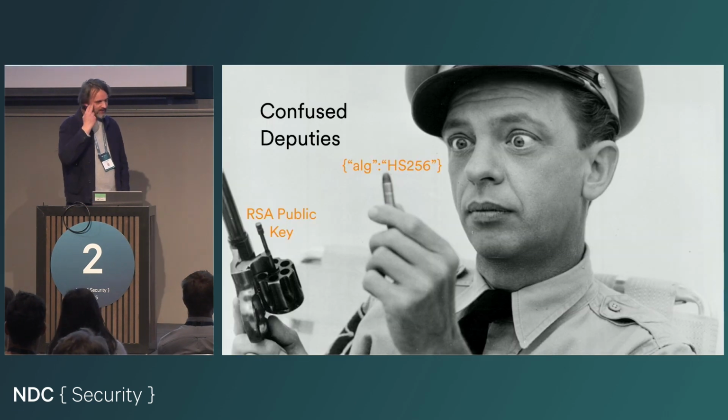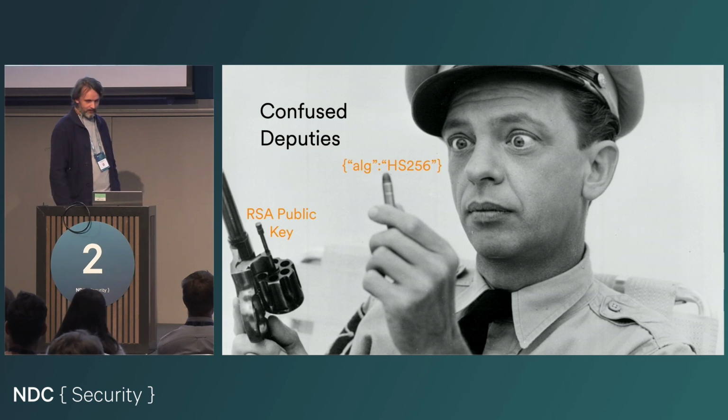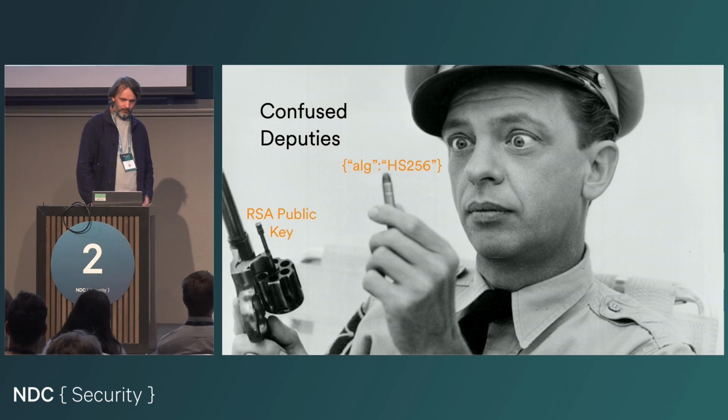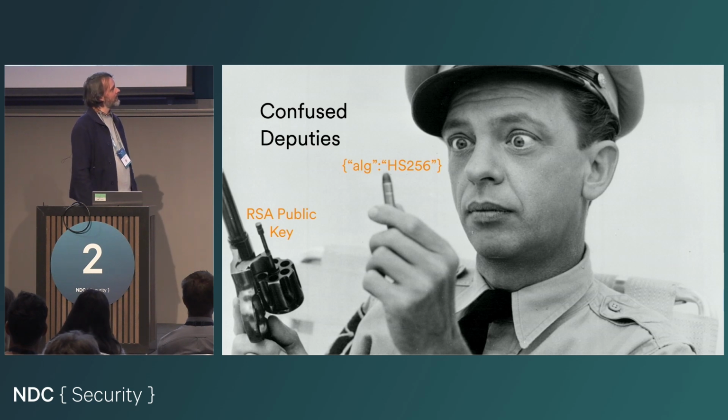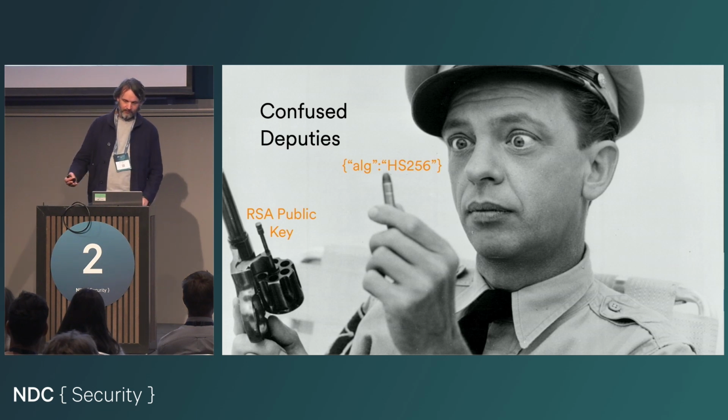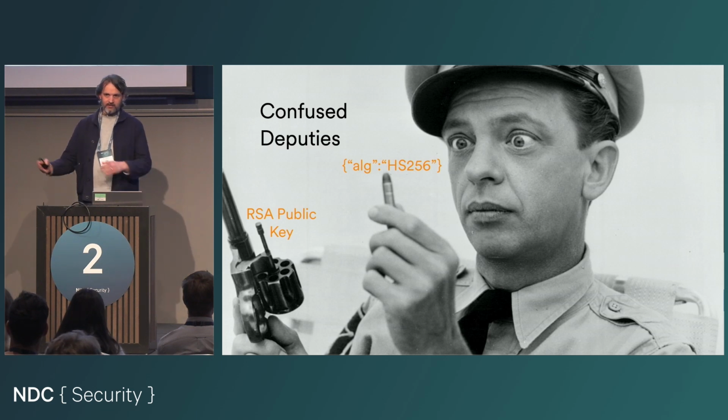Another example of that attack against JWTs, so I'm going to pick on JWTs a bit here, which is common in crypto talks, is an example of what's called a confused deputy attack, which is kind of very generic. But the idea is that somebody was signing stuff with RSA, and so they're using their private key to sign and public key to verify.